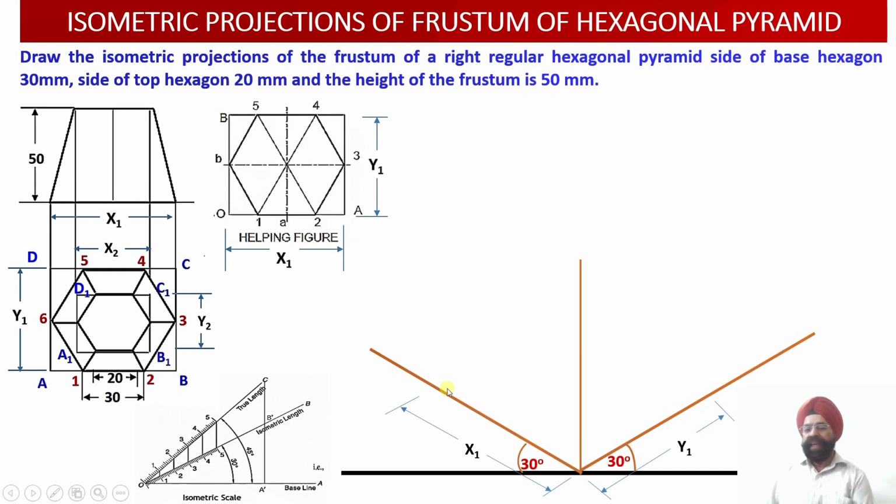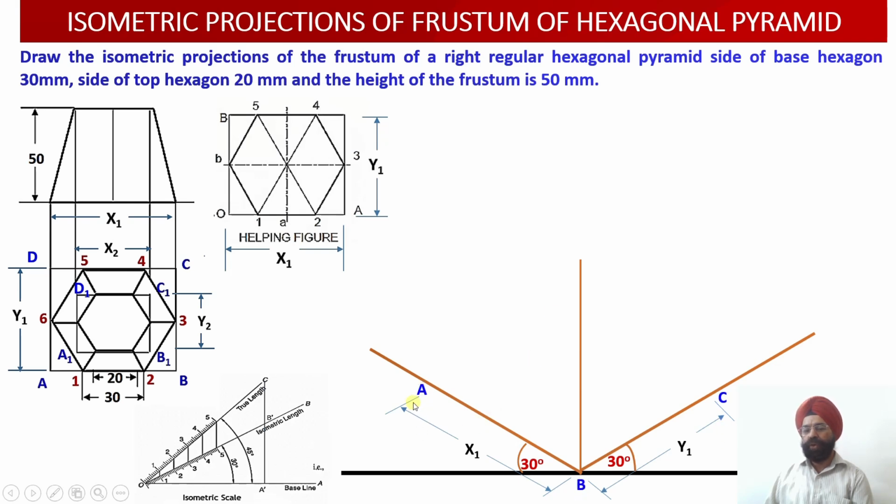So we know that x1 will be located over here, y1 will be located over here. Now we are going to draw two more isometric lines, one parallel to the x-axis and another parallel to the z-axis.